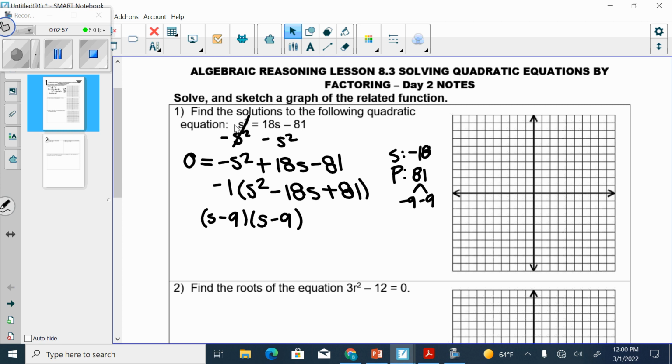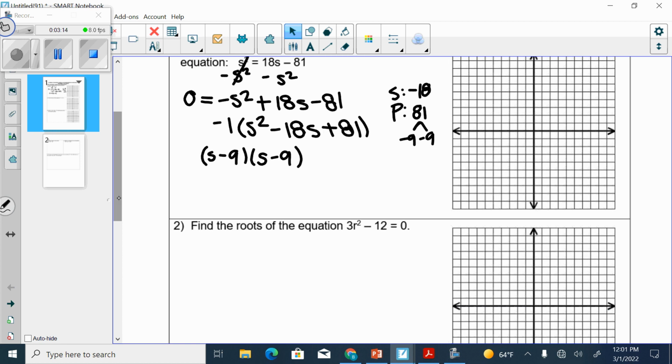Once I have the two parentheses, what am I supposed to do with them? How do I solve them? Remember, we take what's inside of the parentheses, s minus 9, and set it equal to 0. And we do that for both pieces.